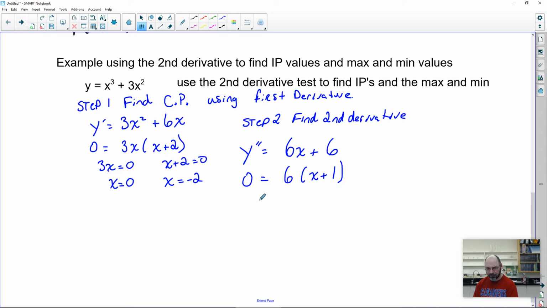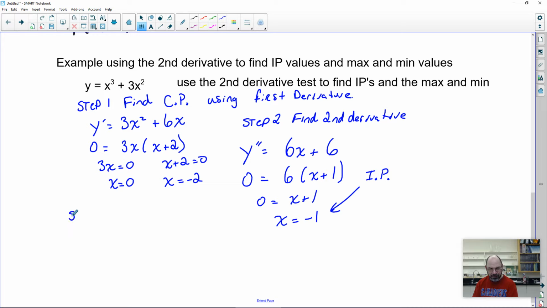Divide by 6 on both sides, so x equals negative 1. This is an IP. So we have an inflection point at that IP value. Now all we have to do is test the critical points to see if they are max or mins, and then find out what the inflection point is.